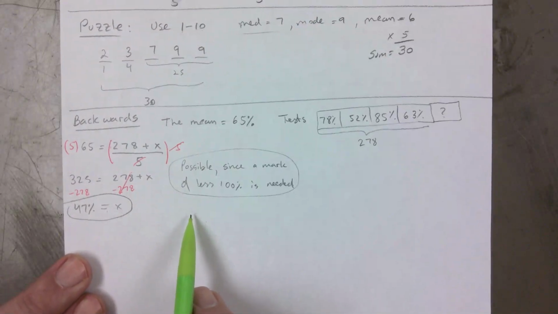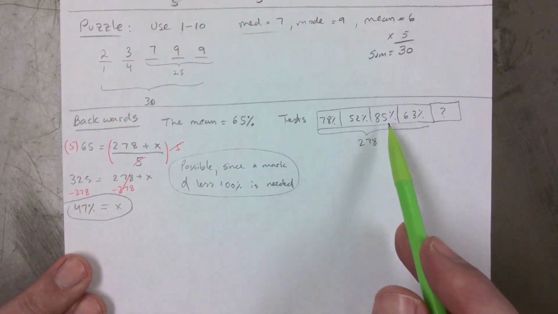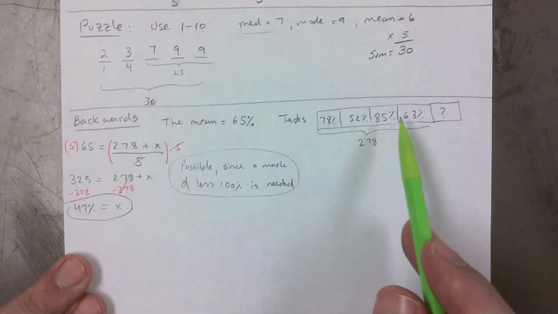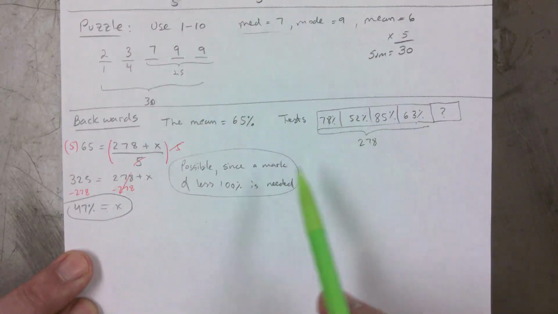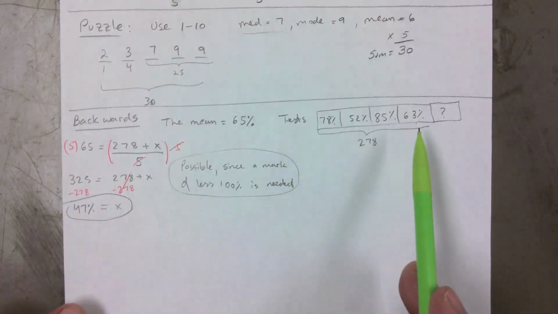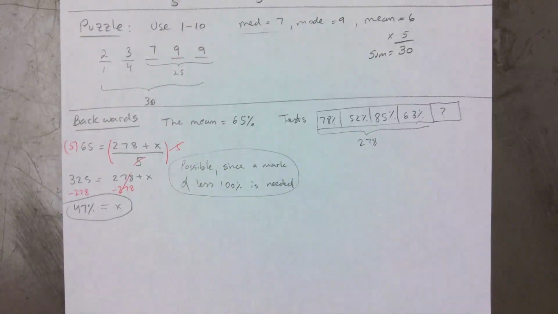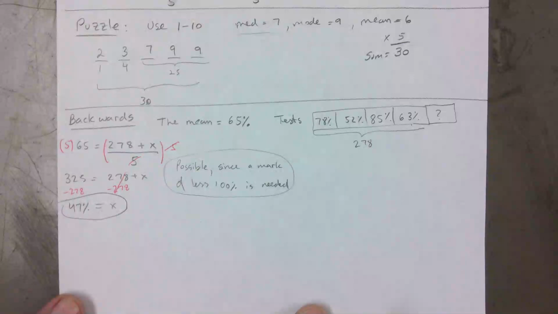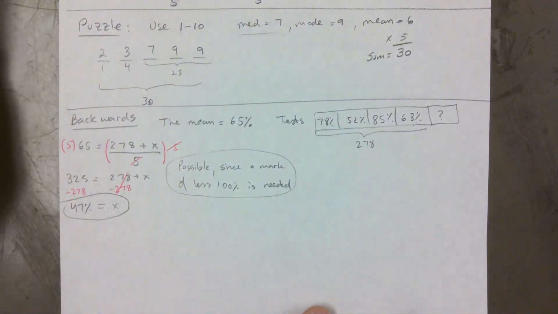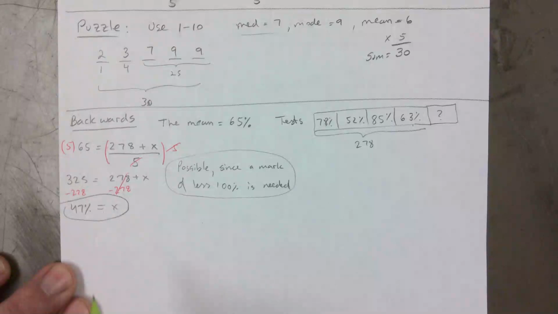Is it likely? Yeah, right? There's been an 85, a 78, a 63. So basically every single score that we had before was above 47. So it's very, very probable, likely that that's going to work out for this student.